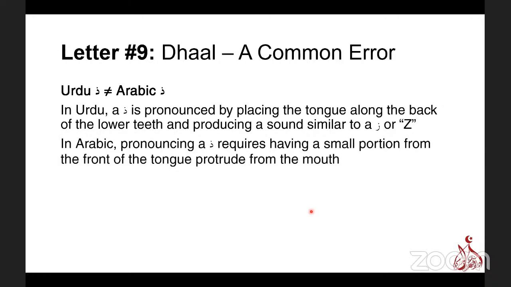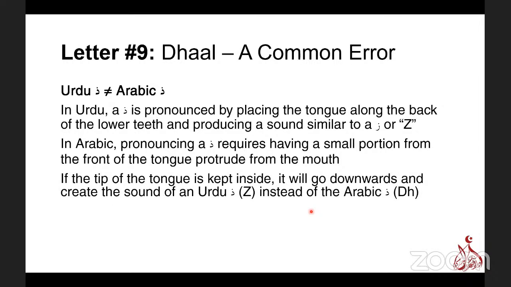In Arabic, though, in order to pronounce a Dhaal, a small portion of the front of the tongue has to come out of the mouth. So when the Urdu zaal is pronounced, the tongue is inside the mouth and touching the bottom teeth. But when the Arabic Dhaal is pronounced, the tongue is a bit out of the mouth. It's not inside, it's a bit out of the entire mouth.